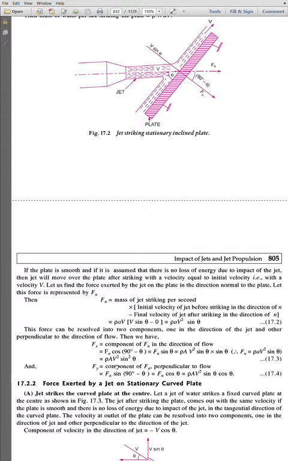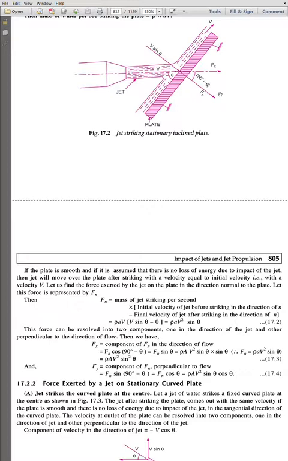Similarly, f of y is the component of f of n perpendicular to the flow, in this direction. This f of n sin 90 minus theta: if you draw a line here, you can find f of y. We have already discussed how to get these angles; this will be your opposite side, and for the opposite side it will become sine.